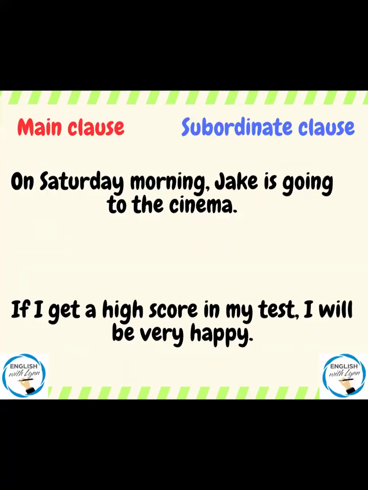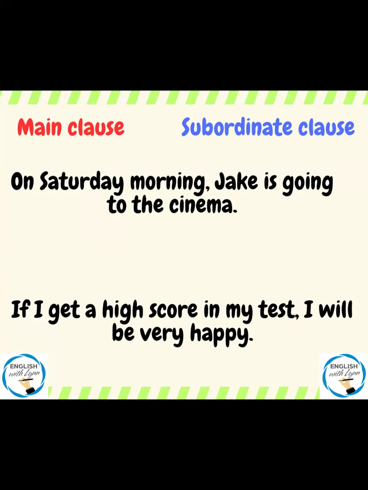So let's have a look at some examples here. I'm going to use red for the main clause, blue for the subordinate clause, if there is one. Not all sentences will have a subordinate clause, but all sentences will have a main clause. Okay, so what I've got here: on Saturday morning, Jake is going to the cinema.